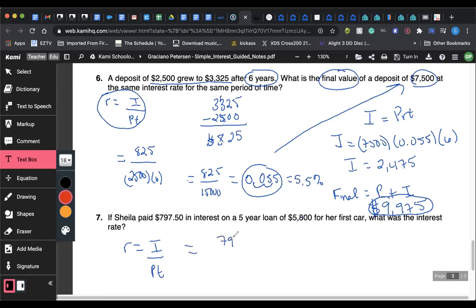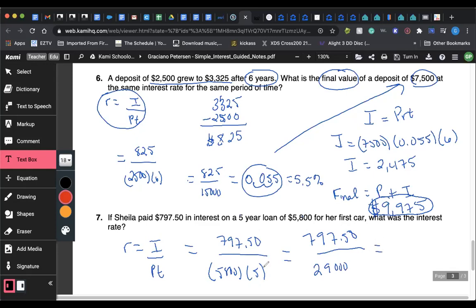So $797.50 divided by 5,800 times 5. First we multiply 5,800 times 5, which gives me 29,000.